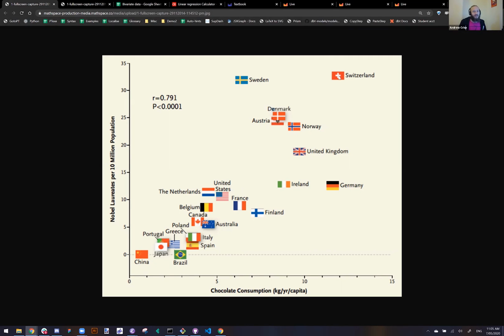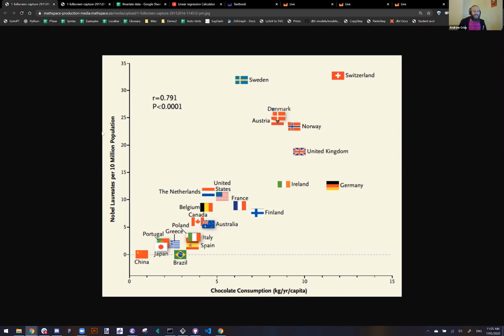And then all the way over here, the Swiss, wow, they're going good, not only in chocolate consumption, but also winning those Nobel Prizes. So you might think, let's put a line of best fit through this and see if we can figure out how much these two things are correlated. And if we did, we'd probably find that there was a strong positive correlation between these two variables.